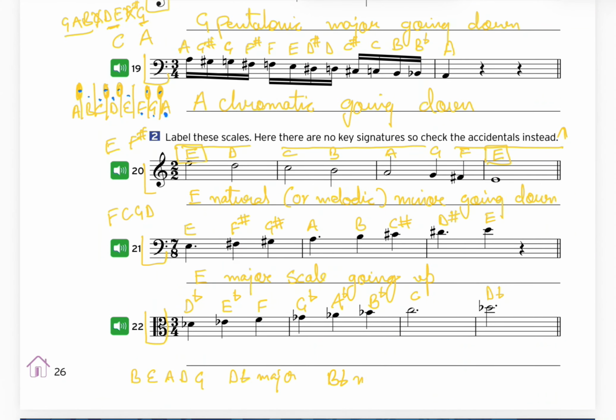But we know that the tune is starting on D and finishing on D flat. So that means this is D flat major, not B flat minor, to confirm. So simply we found the key through accidentals. We found we have 5 flats which applies as a key signature to D flat major scale. So we write here D flat major going up. Okay.